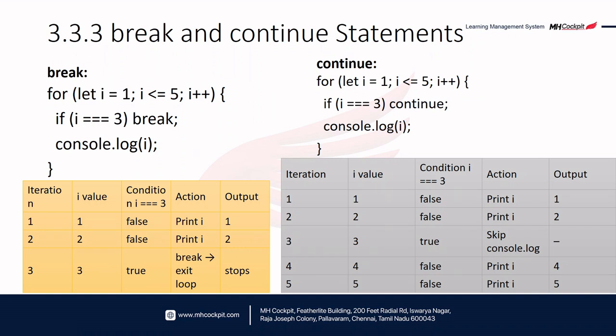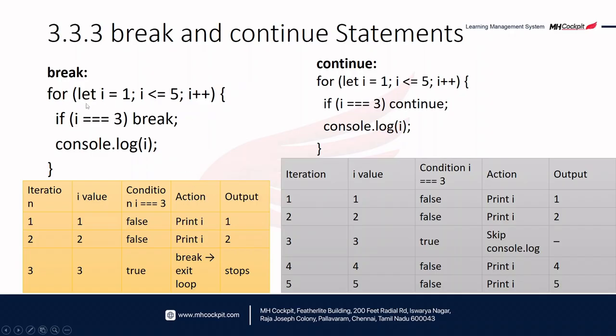And the break and continue statements. Yesterday itself I gave you a clear idea about it, but I'll give you the idea again. What is the difference between break and continue statements? Break abruptly stops the execution at the current statement and comes out of the loop.